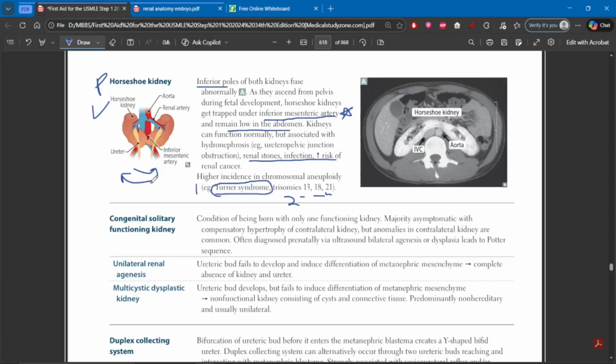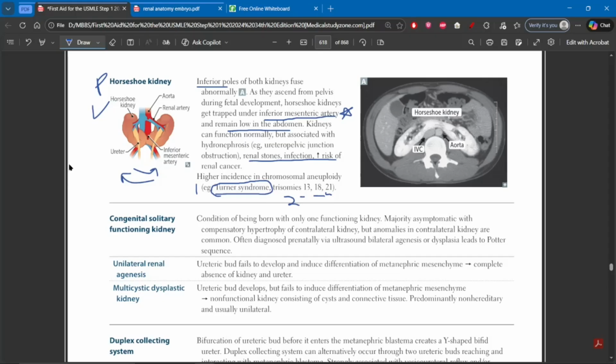The reason is that there is a lack of regulation of the amount of urine being formed. There is probably a lot of urine being formed which is shared by both of these kidneys, and that results in hydronephrosis.